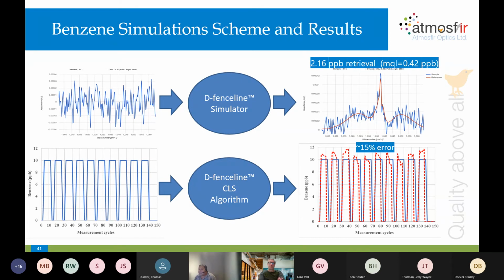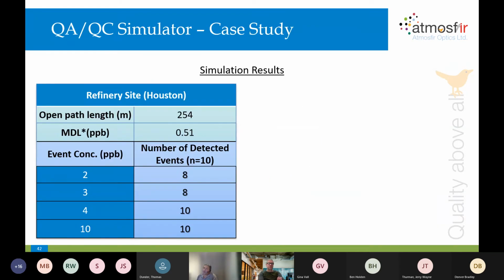The other thing we want to see, this is how we decide what the method detection limit is. We want to see in actual life how many of those events we can measure in real time. So we did a simulation, and we had a 15% error in the results.